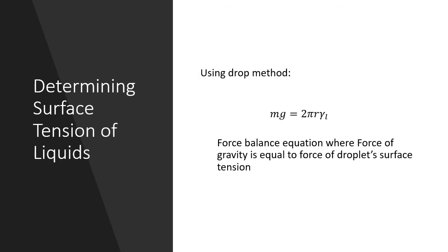To find the actual surface tension, I'm going to be using the drop method. Basically, it's a force balance equation between the gravitational force and the surface tension force of the liquid. These two are equal right before it drops, and then I use the balance to measure that mass.